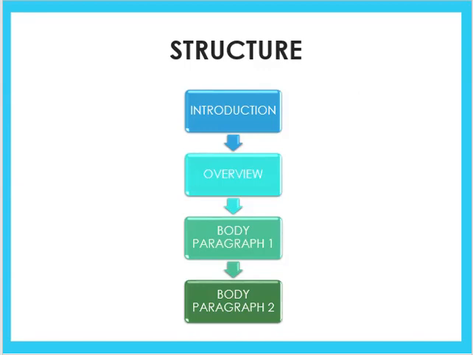Then the next paragraph is called overview. Please do not skip this paragraph, as it is very essential to outline the significant features that you see. The overview should contain the main points as you see, but you should not describe this stage in detail.